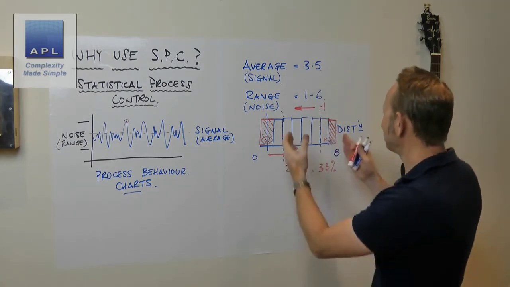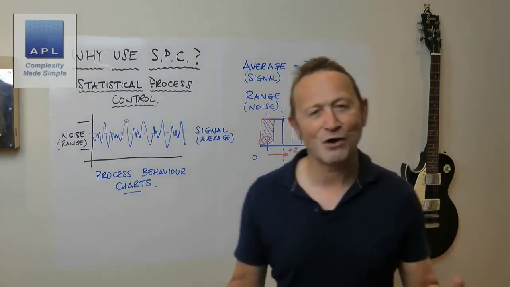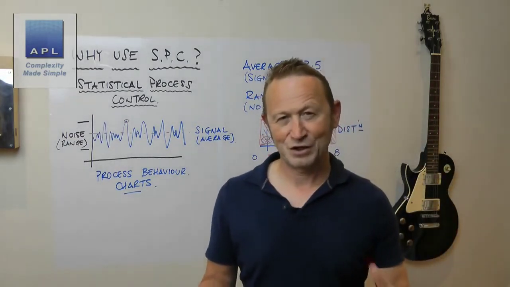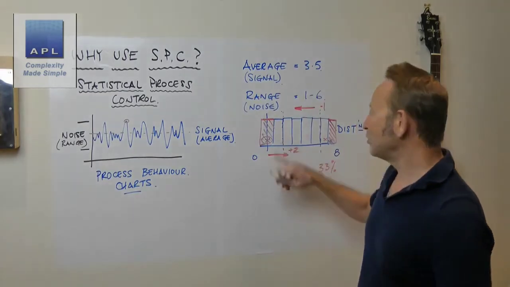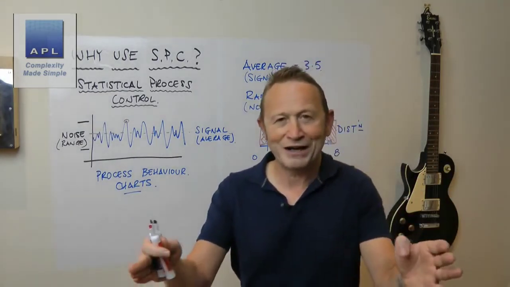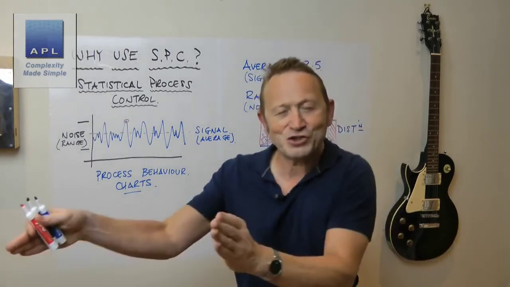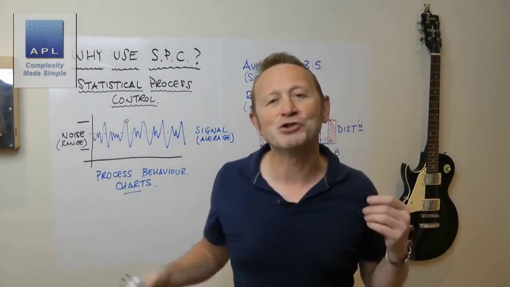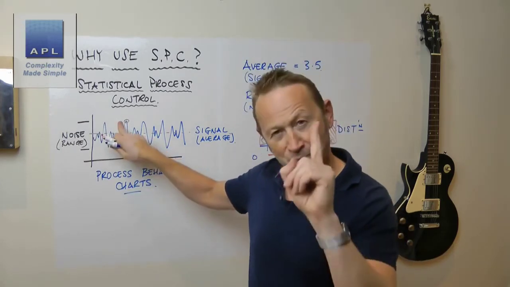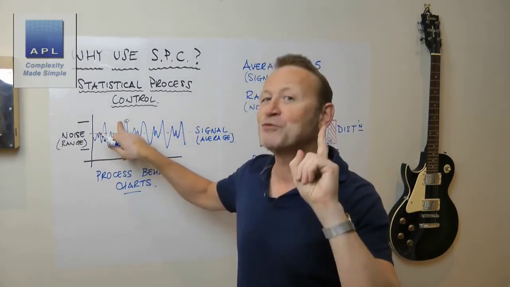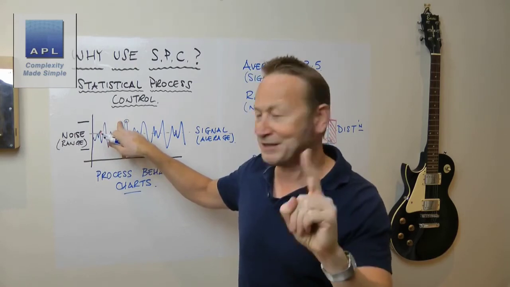So look, before we started using tolerances on this process, we had a defect rate of 33%. Now we're using tolerances, and we're allowing the operator or the technician or the engineer to adjust the process backwards and forwards. And they're doing it but from one data point, which is a very bad habit to get into.